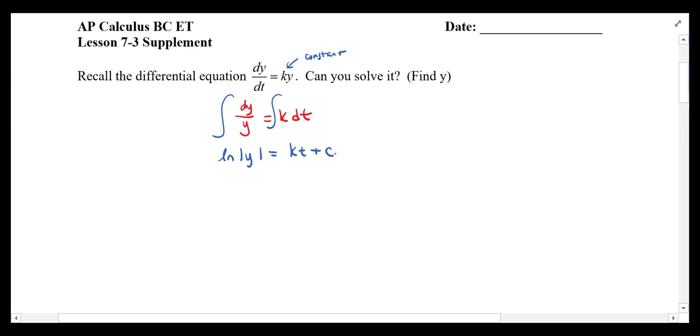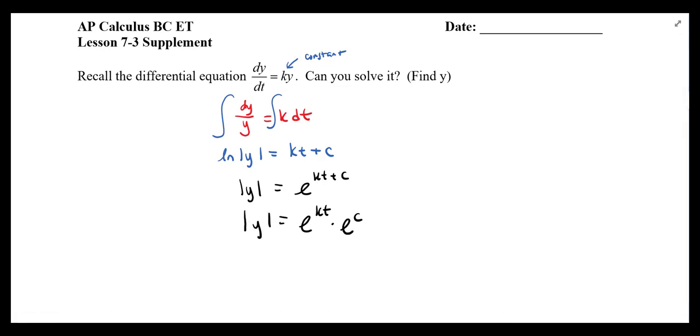I hope you remember we can take e to both sides now to get just the regular absolute value of y. This becomes e to the kt plus c, which is e to the kt times e to the c. And once again, that absolute value with the e to the c just becomes a new constant. So y equals c e to the kt.